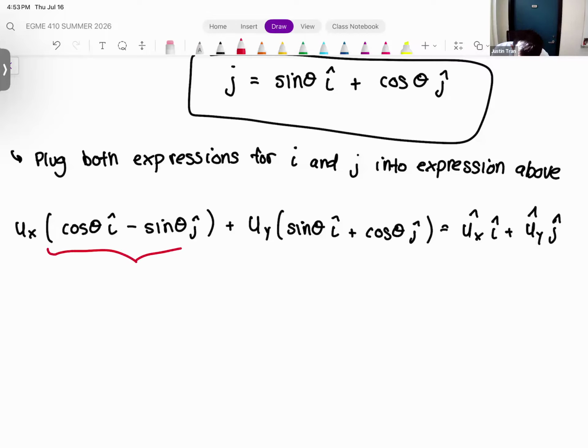For this expression here in parentheses, this is the original i. In this expression here, this is the original j. Okay, good.